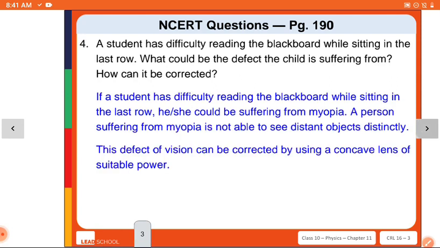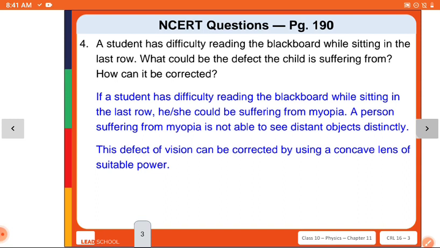Question number 4: a student has difficulty reading the blackboard while sitting in the last row. What could be the defect the child is suffering from? How can it be corrected? So students, it is distance sightedness.